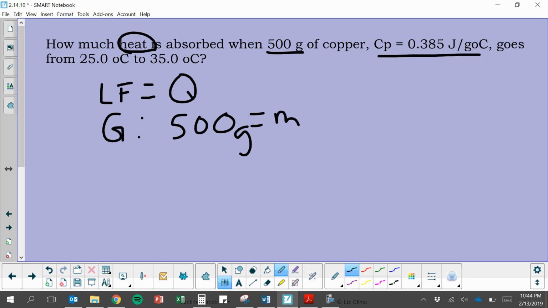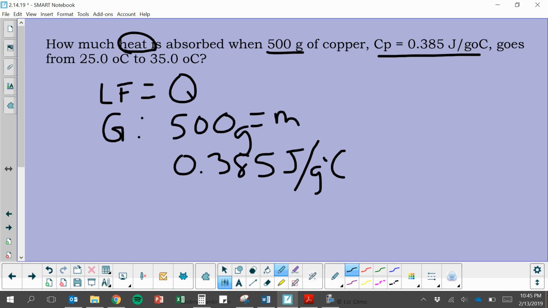We have our specific heat, which we're going to talk about a little more in detail next class period, but a specific heat is a number that is dependent on the material. So the last question was water, this one's copper, so they have a different value. So we have 0.385 joules per gram degrees Celsius.